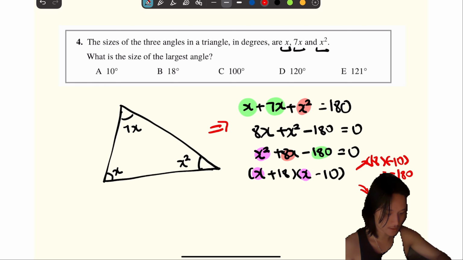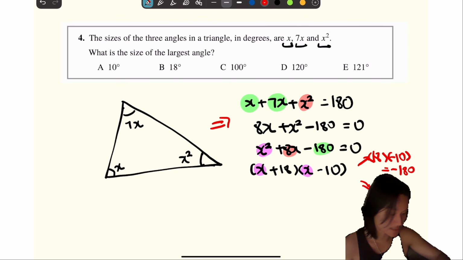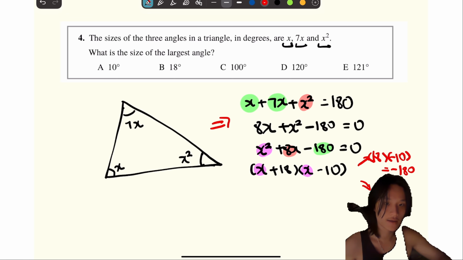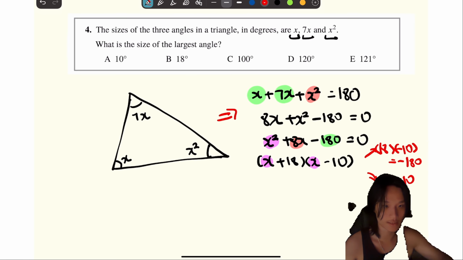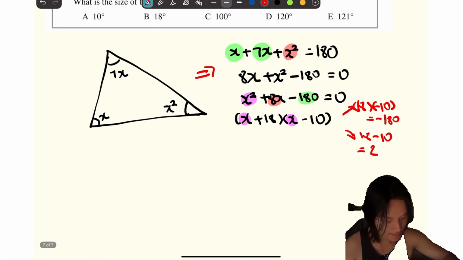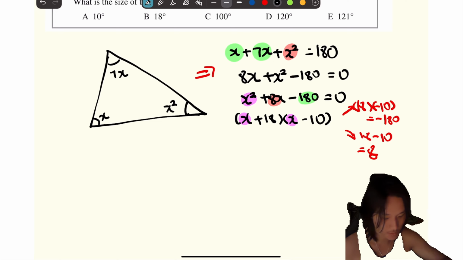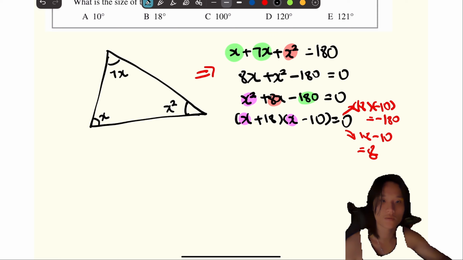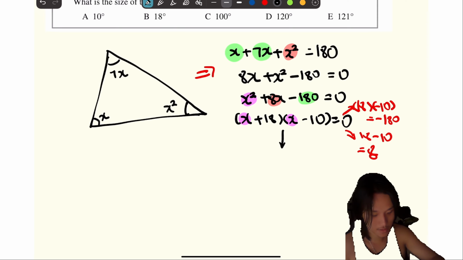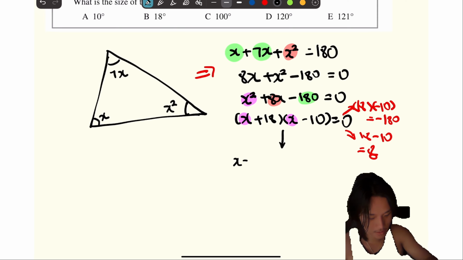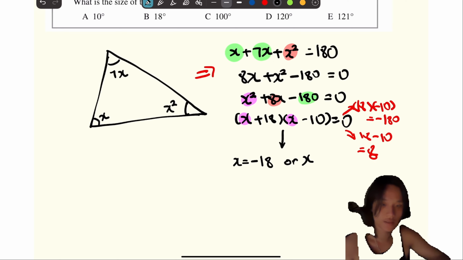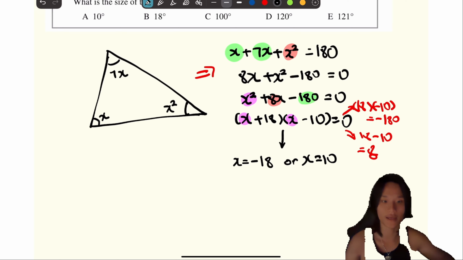And also that 18 plus minus 10, so 18 minus 10, and that is exactly 8. So this is the correct factorization. So that equals 0. This means either x is minus 18 or x is 10.